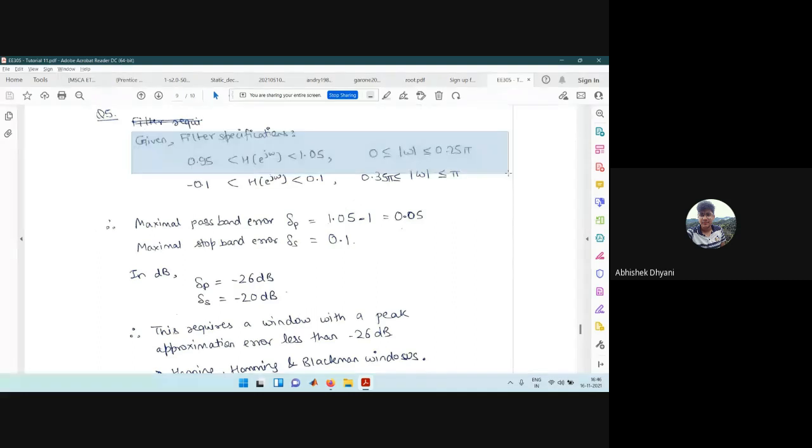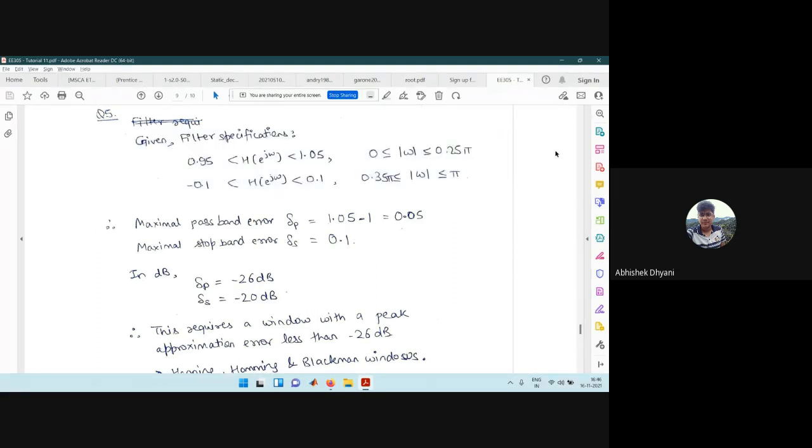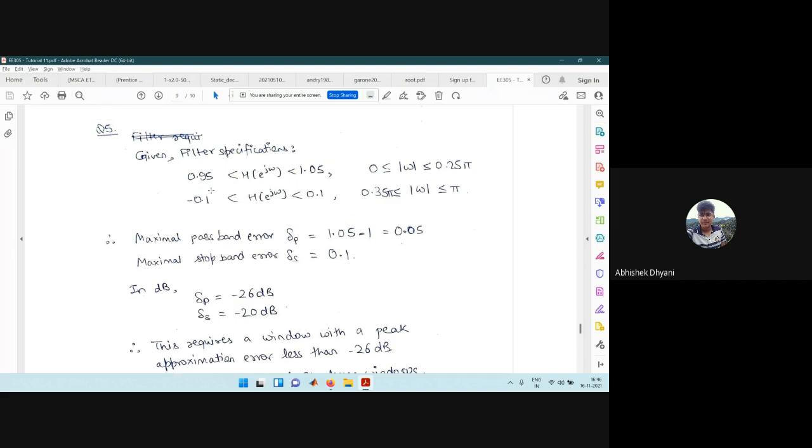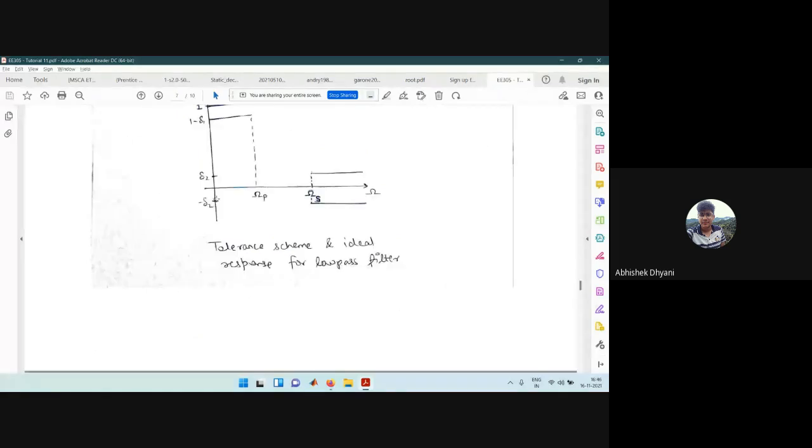Now these were the filter specifications that were given to us in the question. So let's look at these filter specifications. Since we are talking about a low pass filter, remember we saw in the previous example that there is this 1 minus delta 1 to 1 plus delta 1, which is the range of magnitudes.